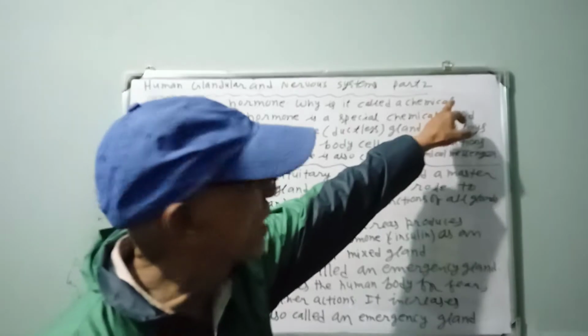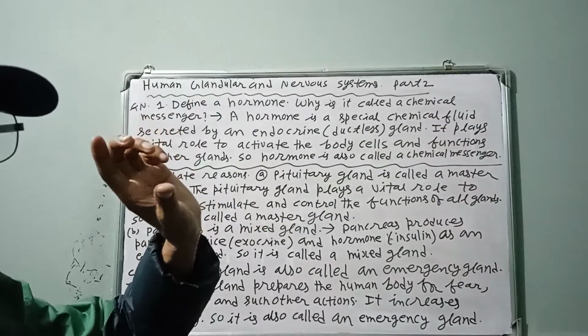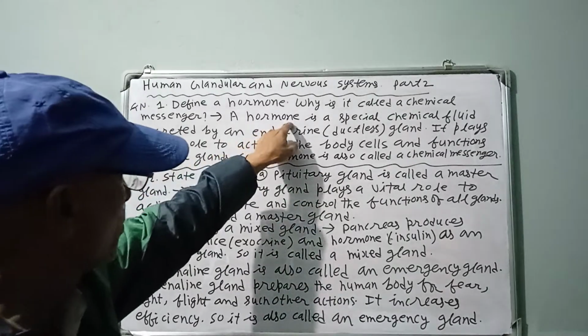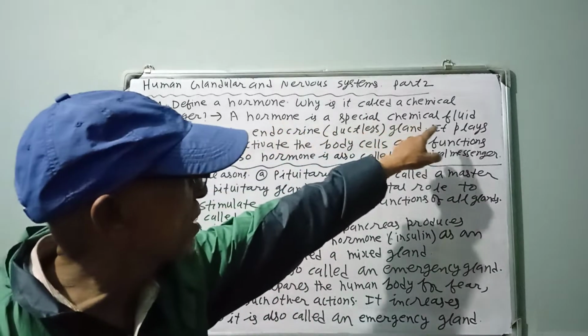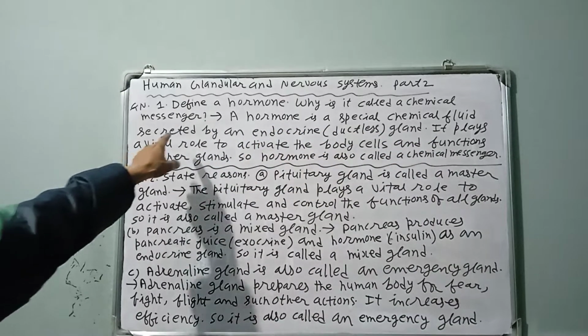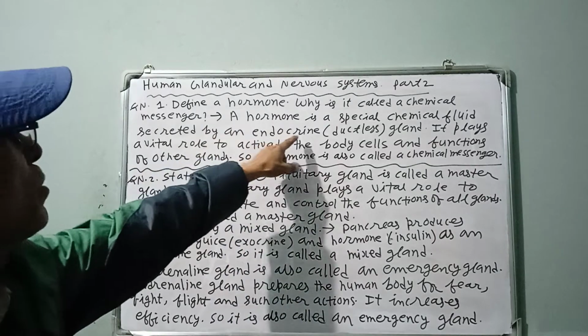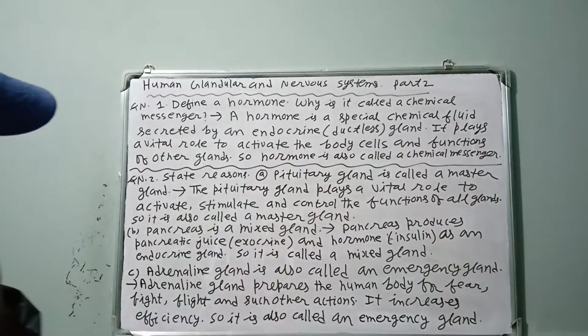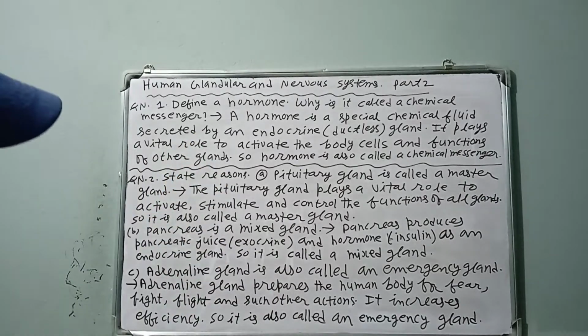Just by the name, chemical, it is not like chemistry. It is a chemical messenger. A hormone is a special chemical fluid secreted by an endocrine or ductless gland. That means this hormone is produced by a gland.